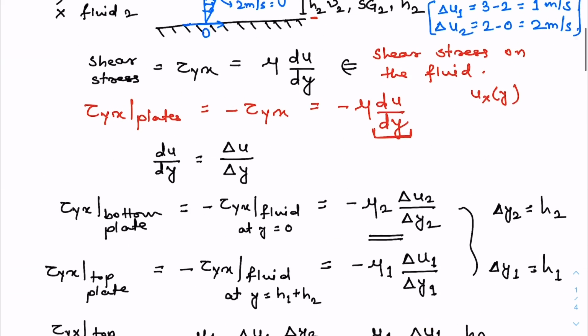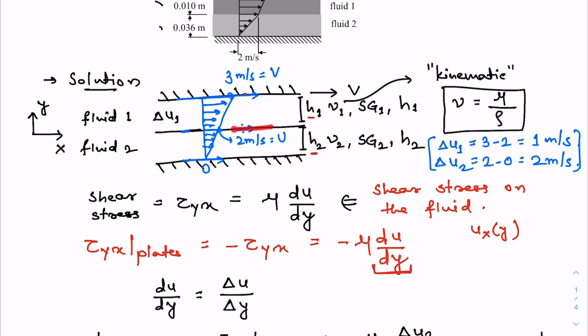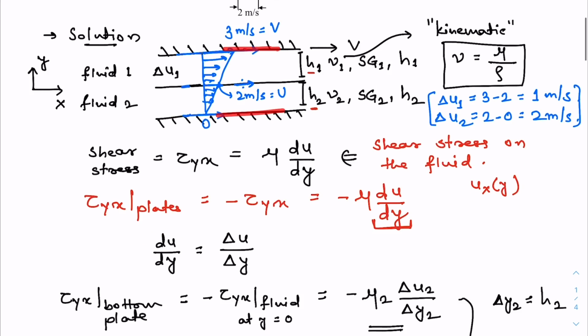What that means is basically the shear stress across this interface is also a constant. And because we have a linear velocity profile, the shear stress in the entire fluid 1 is the same, and similarly the shear stress in the entire fluid 2 is the same. And because of the continuity of shear stress across a liquid interface, the shear stress acting in fluid 1 is exactly equal to the shear stress acting in fluid 2, which is also the shear stress acting on the top and the bottom plate.